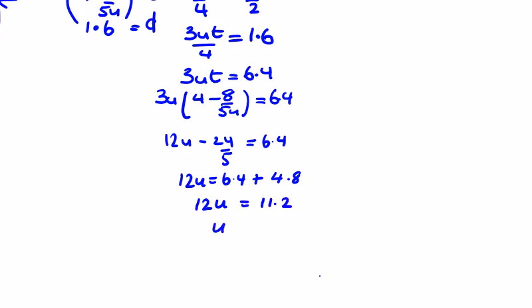I don't think that goes in evenly. Type 11.2 over 12 into a calculator, and it comes out as 0.93 recurring, and that is in meters per second.